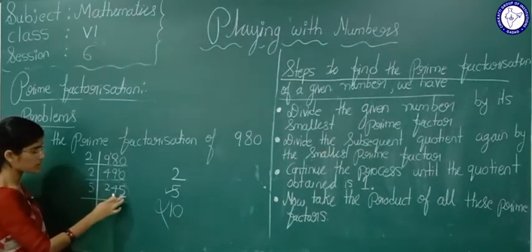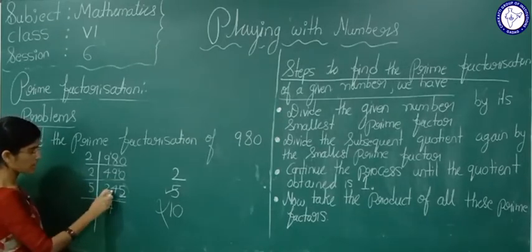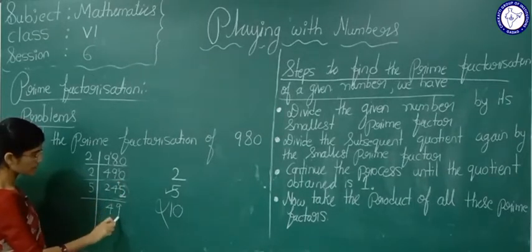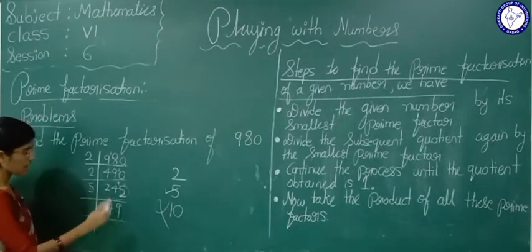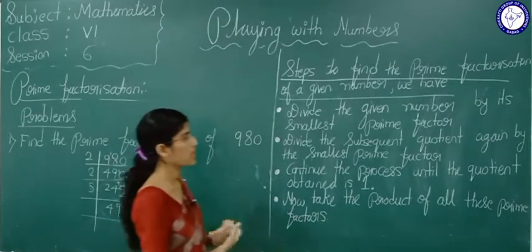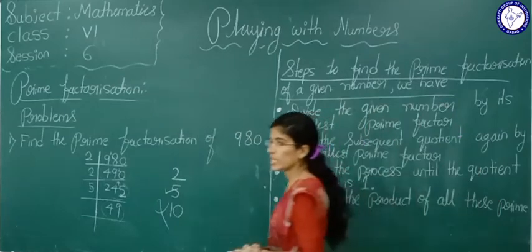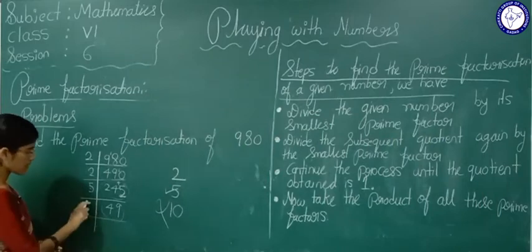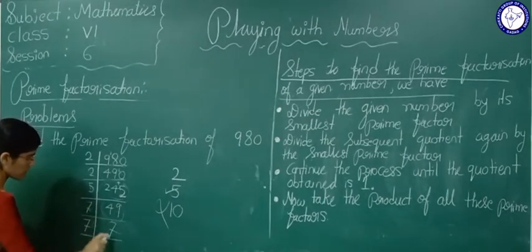So 5 4s are 20. 4 remained here, now it becomes 45. 5 9s are 45. Now again 49. We have to divide this. 7 7s are 49, 7 1s are 7.